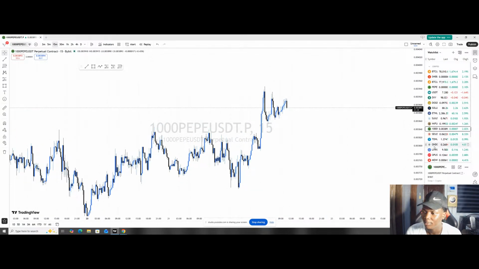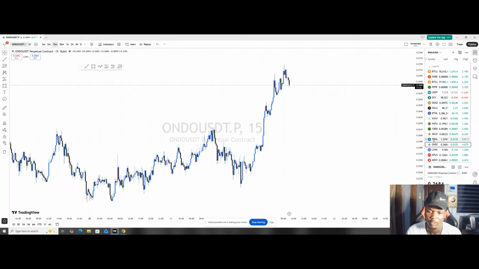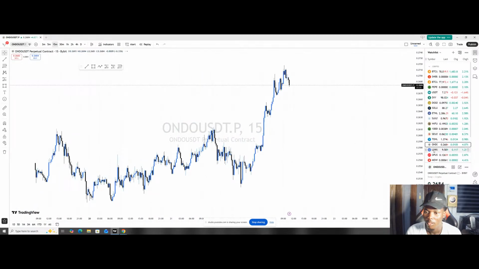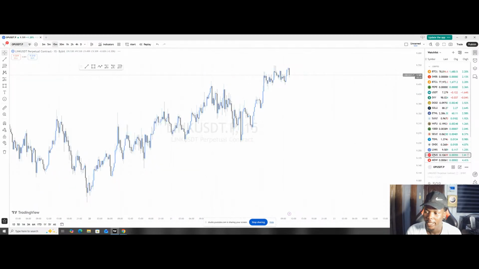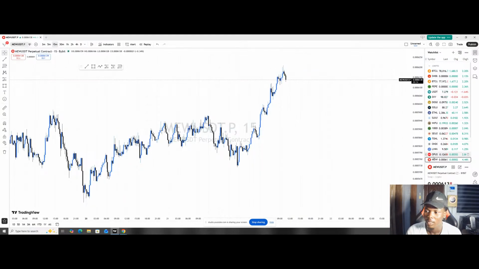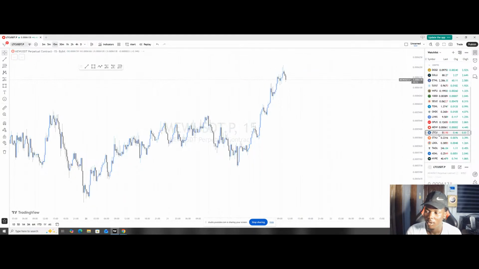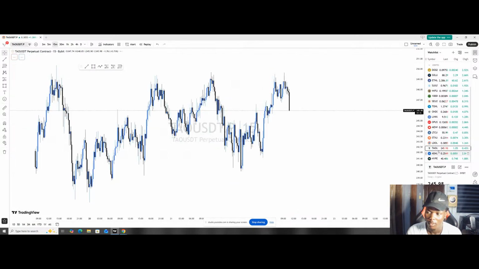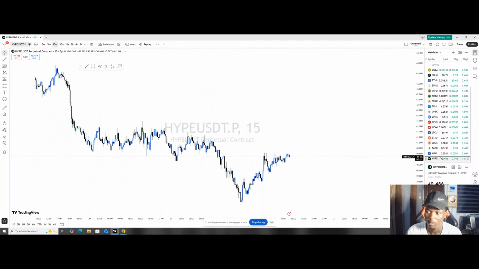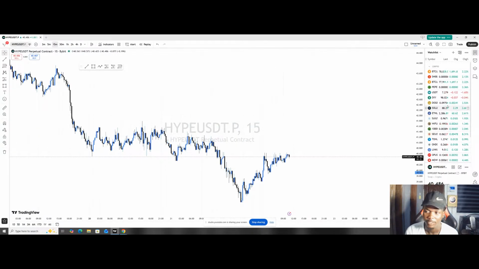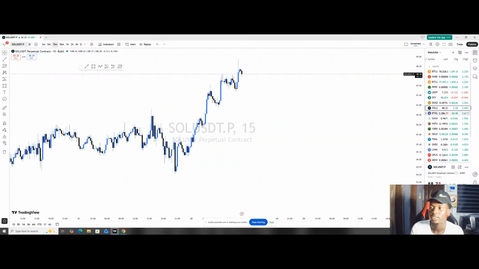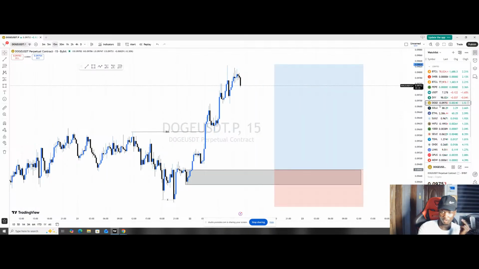I cannot really remember the pair, but let me check for it. I'm not even seeing the pair I did this long setup for, but I think it is DOGE. Okay, yes, DOGE.